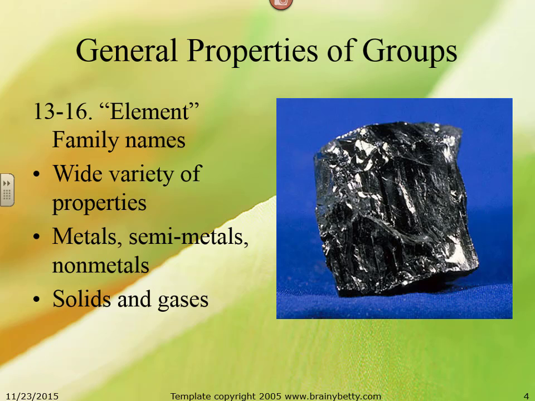And they have that wide variety of properties because there are so many different kinds of elements in these groups. Metals are the things in these groups with yellow cards on our periodic table on the wall. Semi-metals have green cards, non-metals have blue cards. Solids and gases. The solid letters are colored blue, the gases letters are colored green.